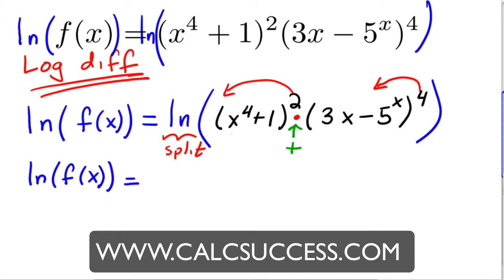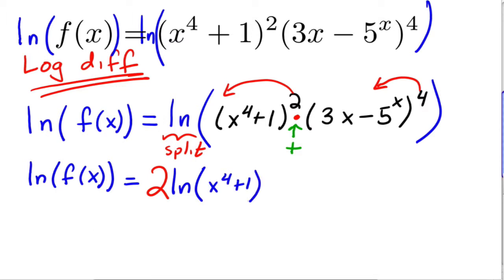Okay, so if I'm going to split this up, here I'm going to have the 2 come out in front, and then natural log of this is going to stay the same, x to the fourth plus 1. And then this turns into a plus, and then the 4 comes down, so 4, and then another natural log of this inside.